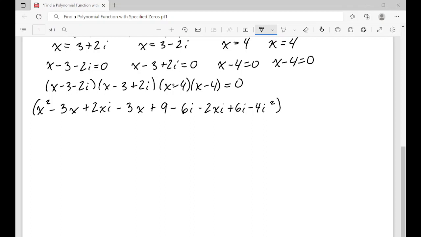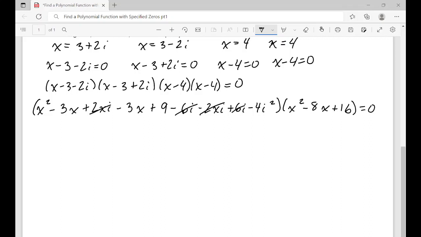And then for the (x minus 4)(x minus 4), you're going to get x squared minus 8x plus 16 equals 0. Now, it's a lot here, but the nice thing is anything with an i, except for i squared, should cancel out. So positive 2xi, negative 2xi, gone. Negative 6i, positive 6i, gone.